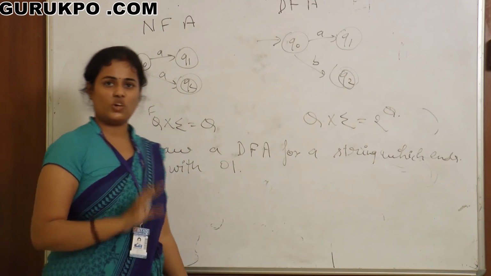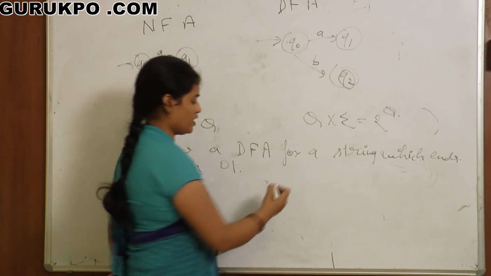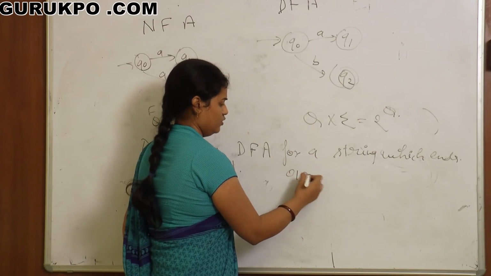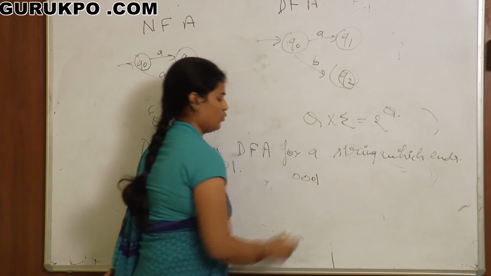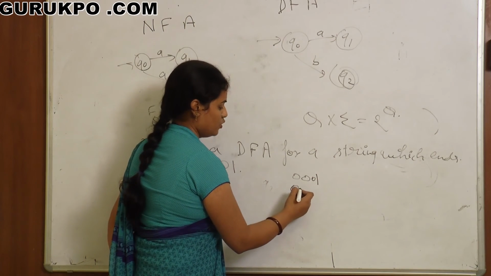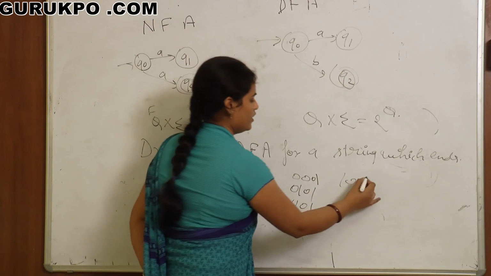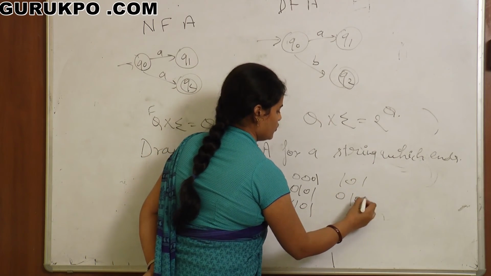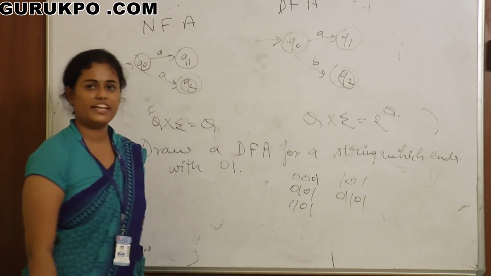It will contain all the strings made up of 0 and 1 that end with 0 1. Suppose I write a string like this: 0 1. This also qualifies, or maybe 0 1 0 1 1 1 0 1 1 0 1 0 1 0 1. Then how can we draw a DFA for this?